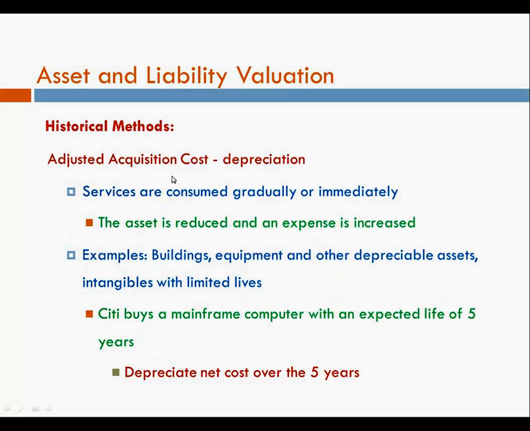Adjusted acquisition cost is the same idea, except over time, the value of that asset is decreased by a depreciation amount. These are buildings or other plants and equipment. So the historical method will adjust those assets appropriately over a depreciable life that's appropriate for that asset.